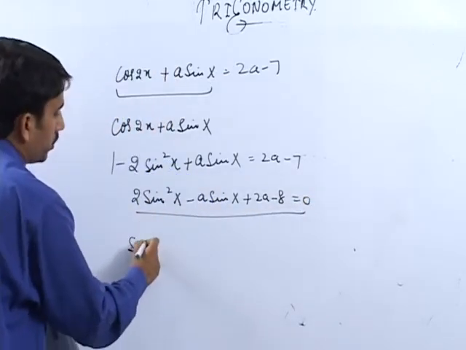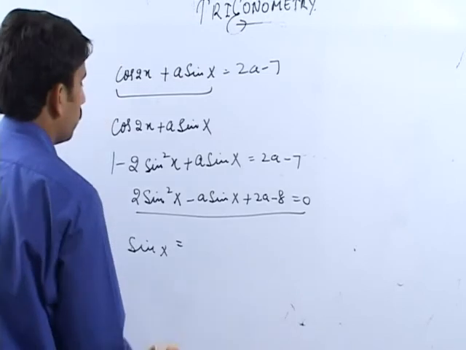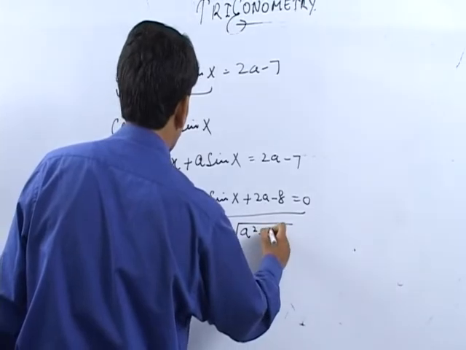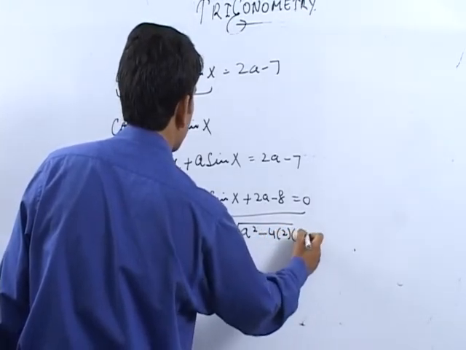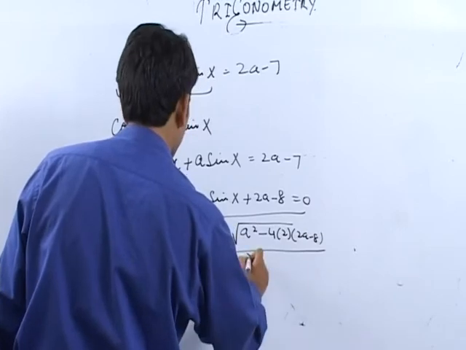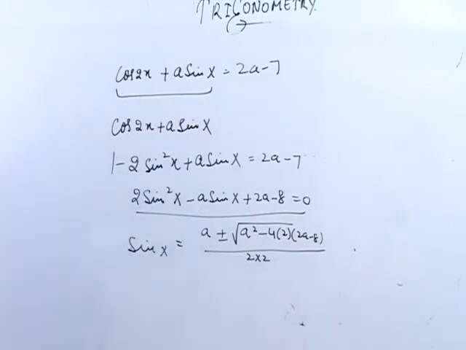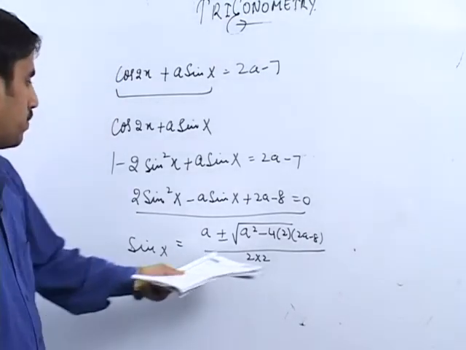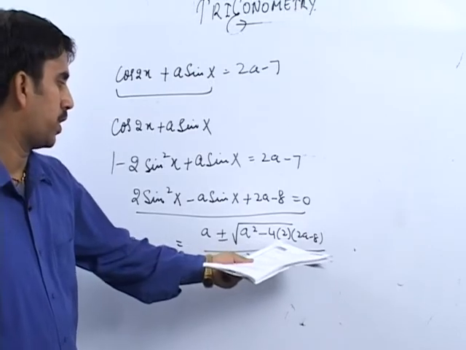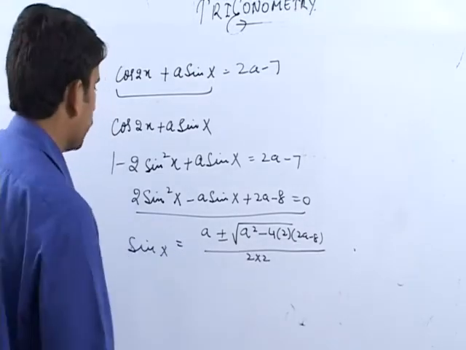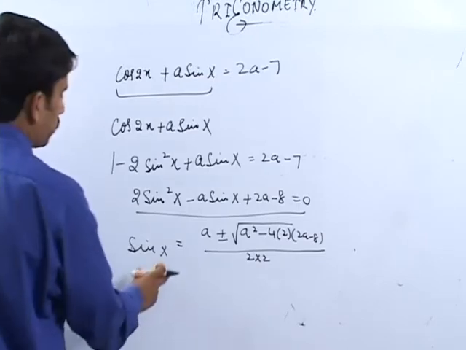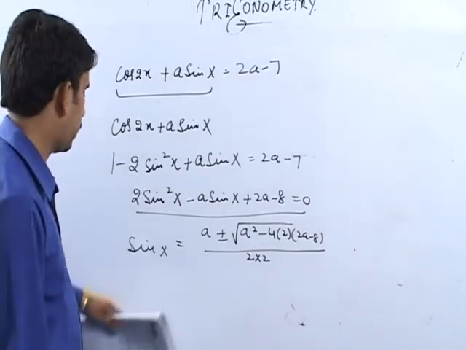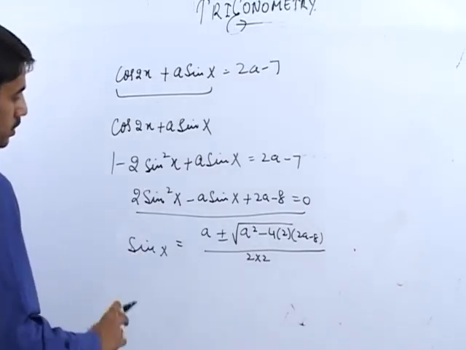Now here sin x will be equal to minus b plus minus under b square minus 4ac, whole over 2a. Now we know that this will hold if a square minus 4 into 2 into (2a minus 8) will be greater than or equal to 0. And also we know that sin x lies between minus 1 and 1. So you can take it both ways.